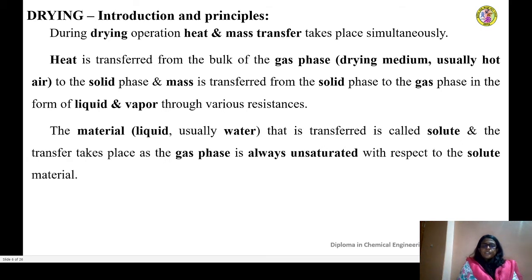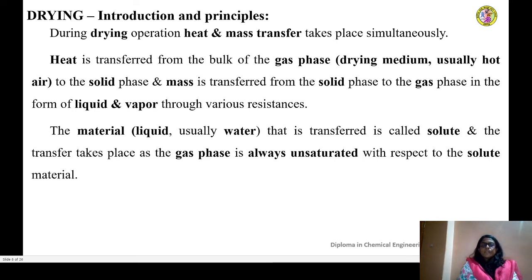The material that is transferred is usually a liquid, and in most cases it's the moisture, that is water, and it is transferred from solid to gas phase. That material is known as the solute. The reason for the transfer of this moisture from the wet solid to the gas phase is that the gas phase is always unsaturated with respect to the solute material.